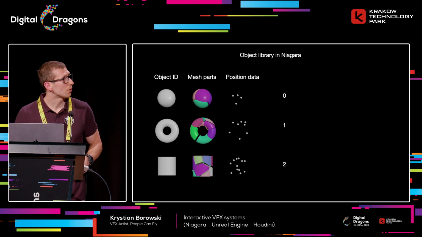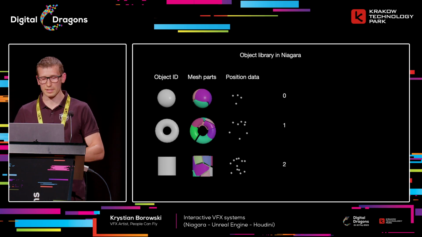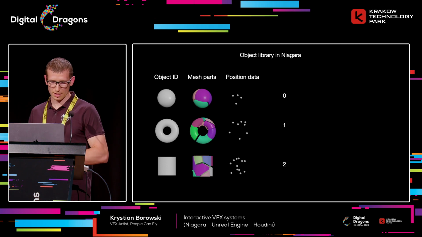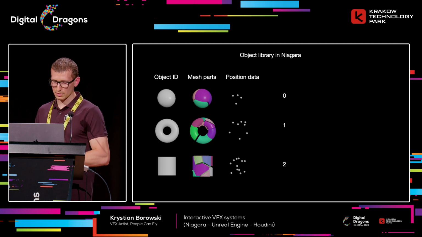And going to more complex stuff, more interesting, I can say, right? I want to talk about the concept of object library in Niagara, which allows for dynamic changes of specific grouped values based on the input value or some runtime conditions, external conditions, let's say.